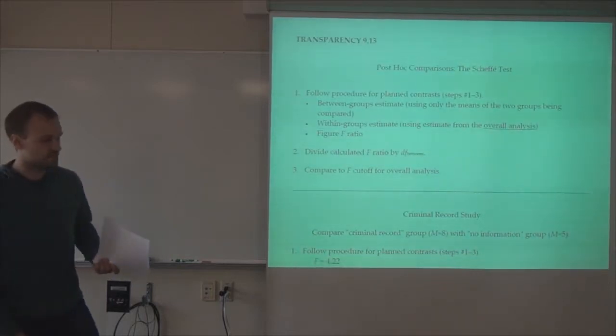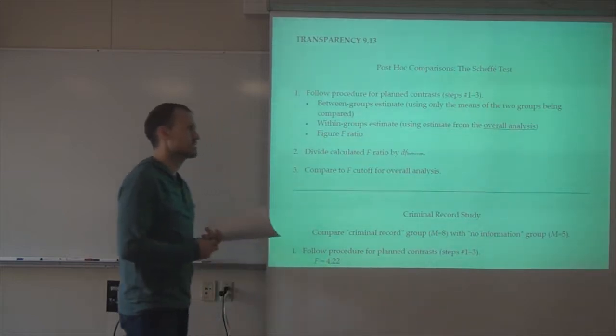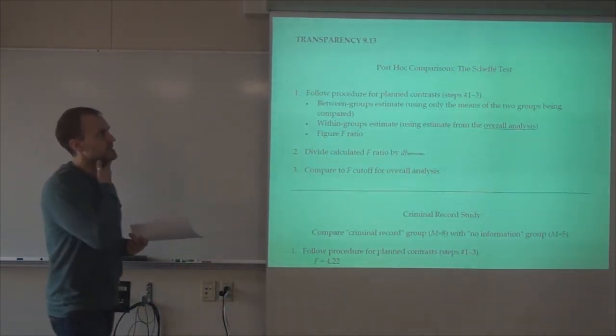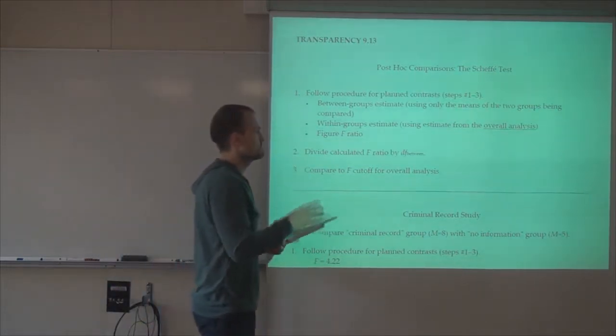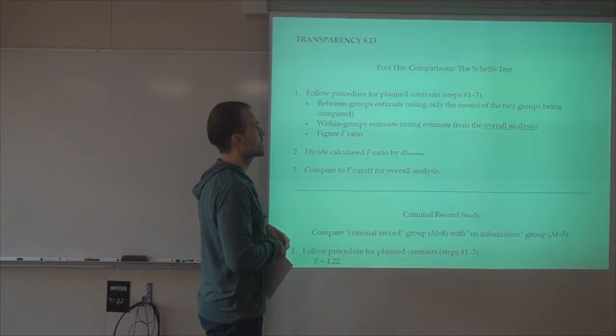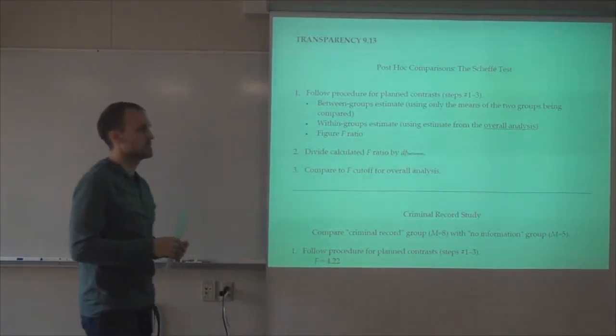The alternative is Scheffé's test, which takes a different approach, that says, now do everything the same. Do your pairwise comparison, but when you get your F ratio, divide it by the degrees of freedom.